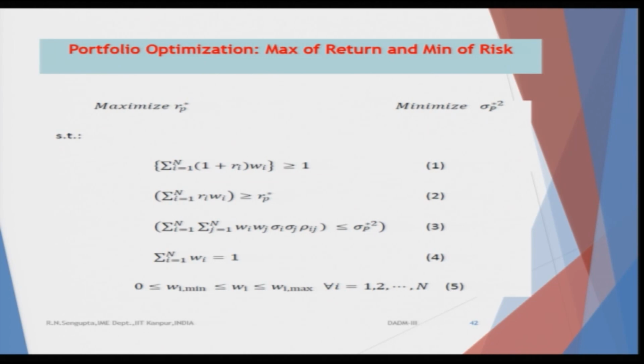Next, we will consider an outline of the portfolio: maximization of return and minimization of risk. You can combine them using the concept of a convex combination function. It could be lambda, a weight between 0 and 1, lambda into returns plus 1 minus lambda into the risk, so you are putting weightages.